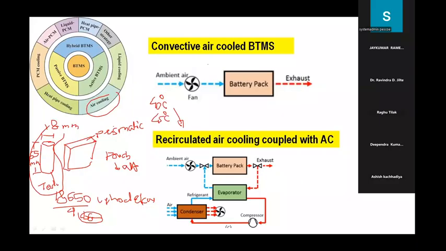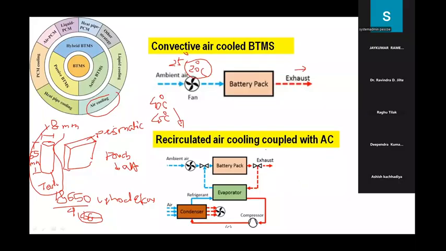The situation is also possible where the ambient temperature is, let us say, 25 degrees Celsius, or 20 degrees Celsius. It is then possible to take in this ambient air, which is at sufficiently low temperature, pass it across the battery pack, and let it exhaust to the atmosphere.